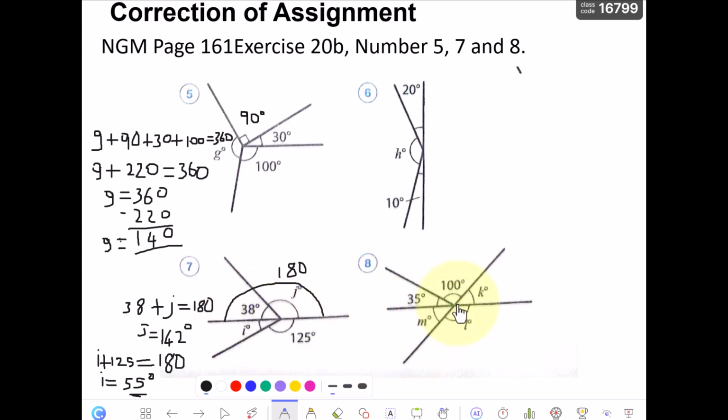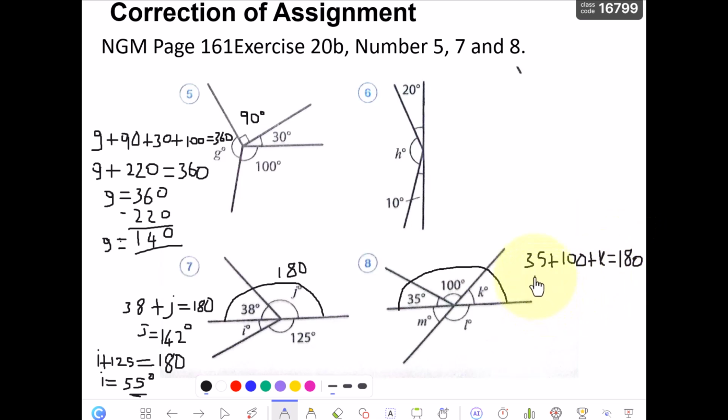Then the last one, which is number 8, 35, 100, and k. See the way I'm sketching, they are all on a straight line. So without wasting time, by the time you add 35 plus your 100 plus your k, it is going to give us 180 degrees.